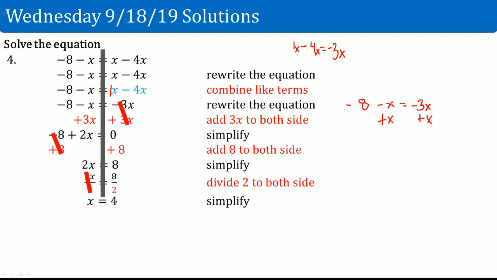This cancels. So you have negative 8 is equal to negative 3x plus x. So that is negative 2x. Divide both sides by negative 2. This cancels out, giving you an x. Negative 8 divided by negative 2 becomes 4.